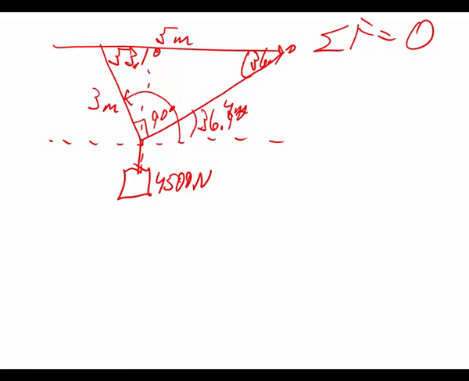If that angle's 53.1, then 53.1 minus 90 is what? 36.9. So it'll be 126.9. Does that sound right? So this angle is 126.9.